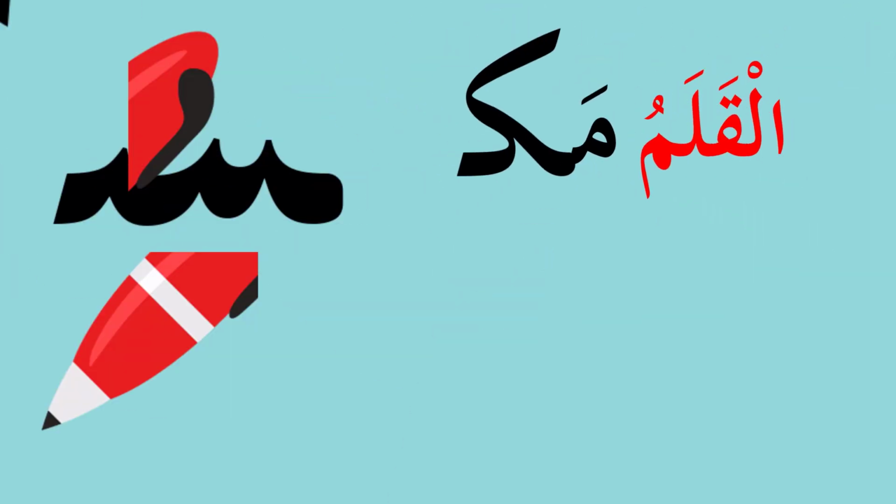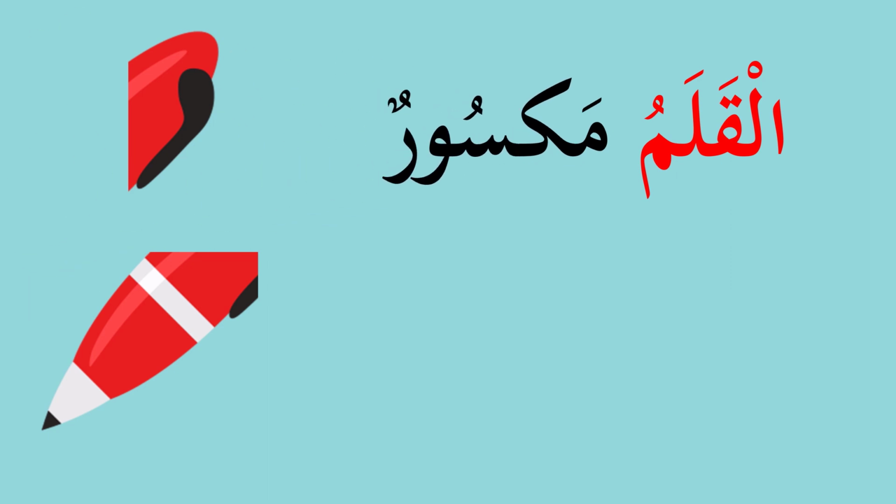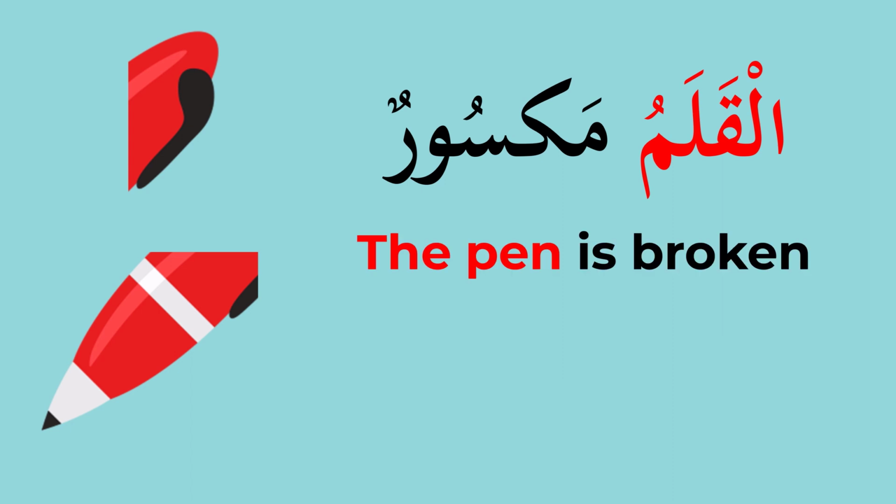Now we come to al-kalamu maksurun. What is the meaning now? Say it loudly. The pen. You started the sentence with the pen. The pen is broken. You started with the.